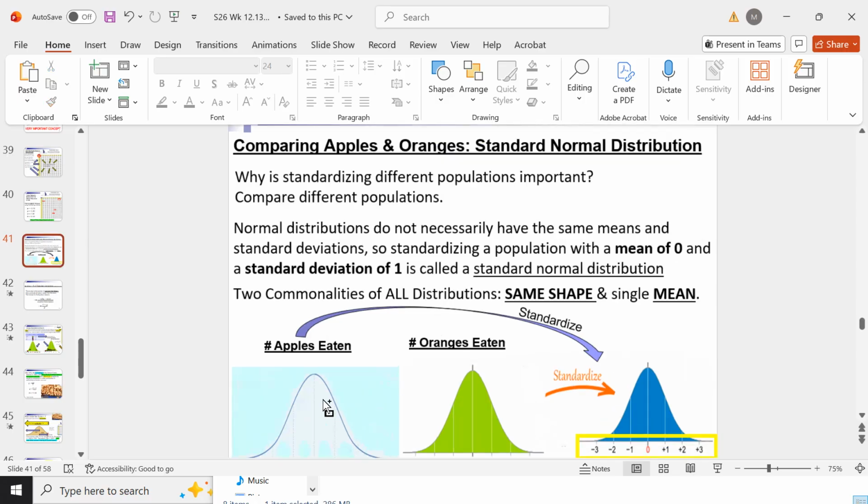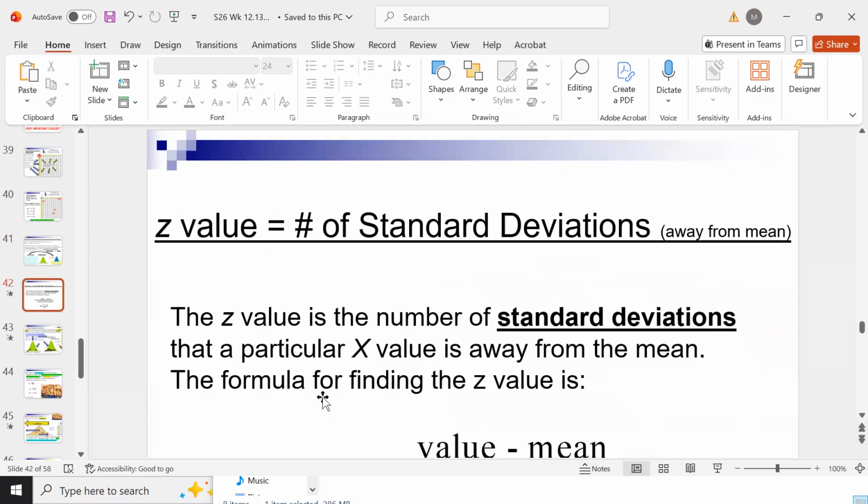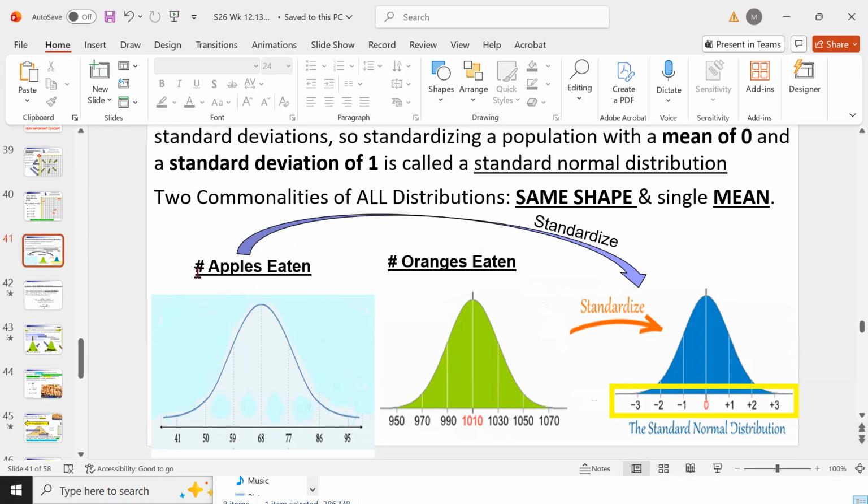I want to zoom in. So you see here I have the number of apples eaten per day. For some strange population, the mean is 68 apples. It's a lot of apples.